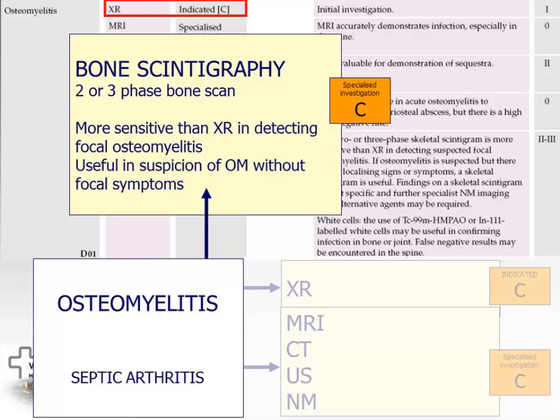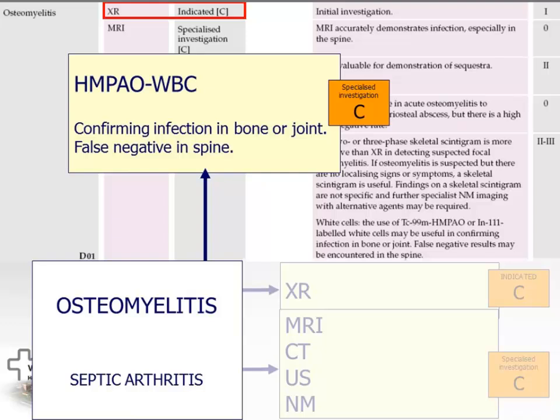And the bone scintigraphy with the 2 or 3 phase bone scan is more sensitive than X-ray in detecting focal osteomyelitis and is useful in a suspicion of osteomyelitis without focal symptoms. And the leukocyte, the white blood cell scintigraphy confirms the infection in bone or joint, but has false negative results in spine.